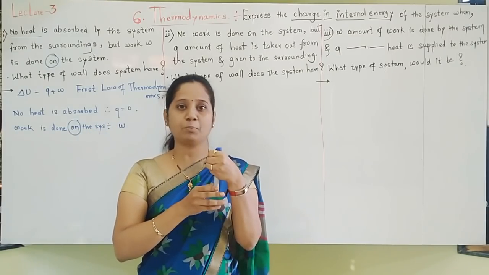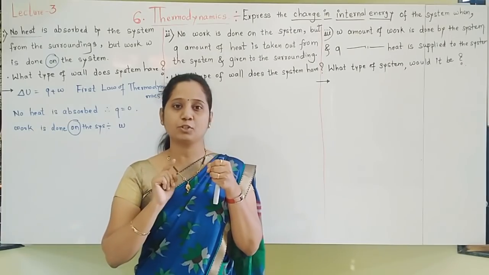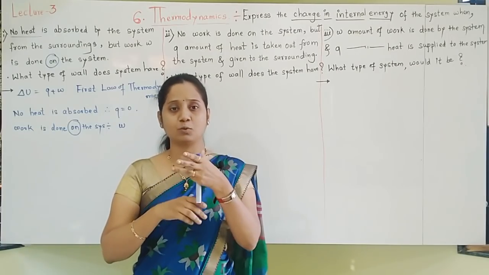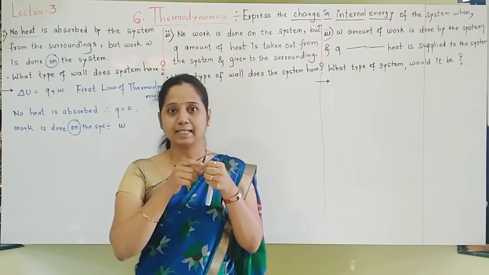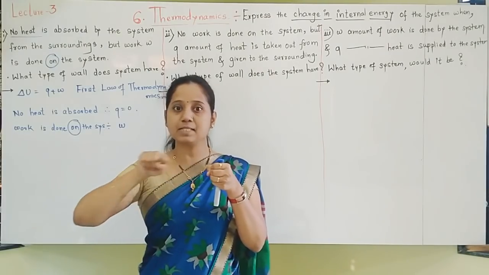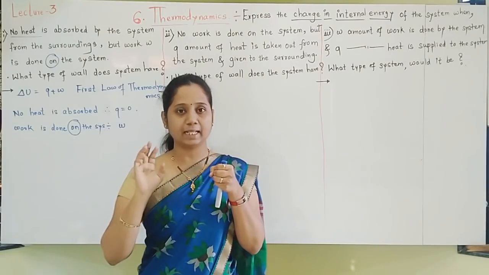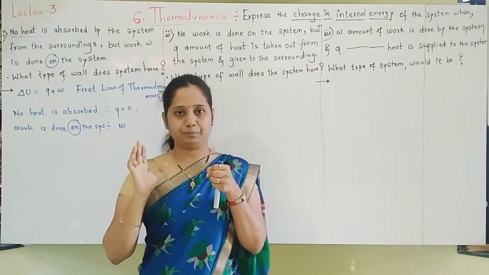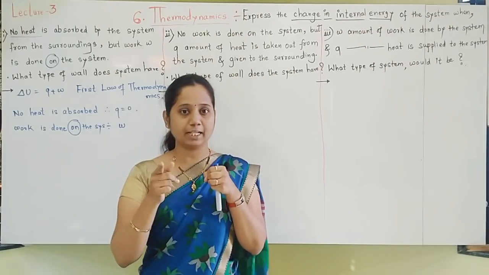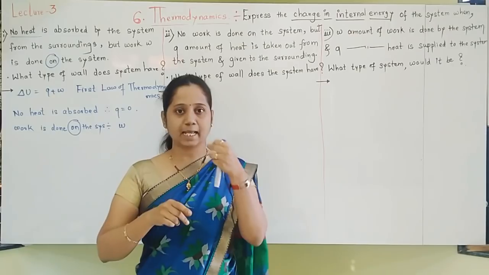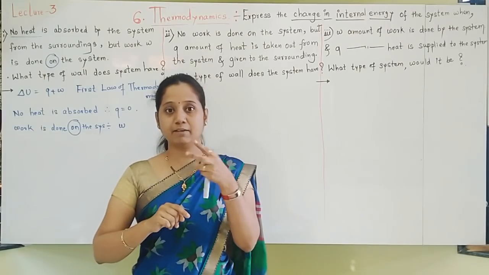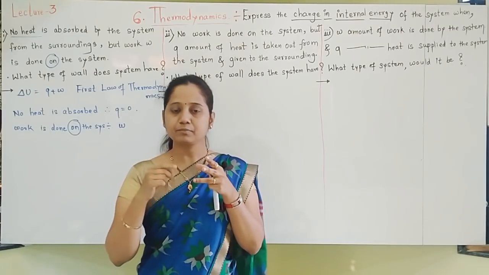The system is absorbing heat, that time it should be positive. When heat is given out, released, heat is going from the system to the surrounding. That time it should be negative. Already written yesterday, today we are revising.